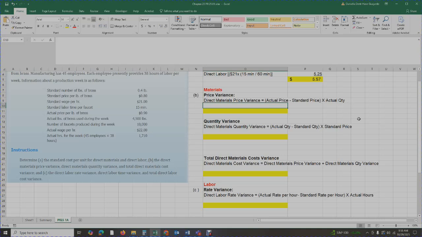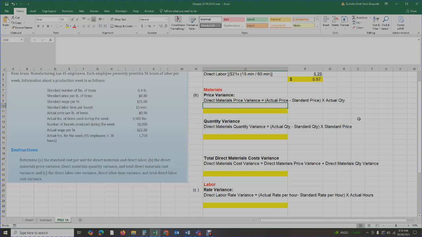So remember, standard amounts are what we forecast, what we anticipate, based on smart guesses as to what we think is going to be spent on these items, whether it be the materials or the labor. So these are estimates, okay? Actual is when they actually come in. When we actually manufacture the product, how long did it actually take us to make it?